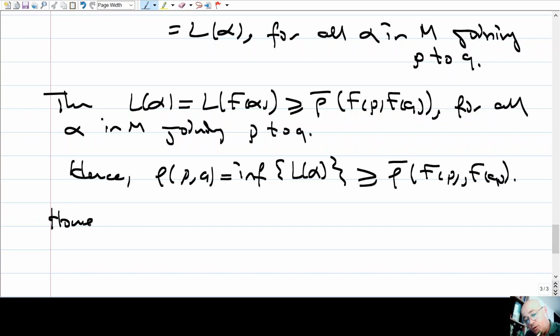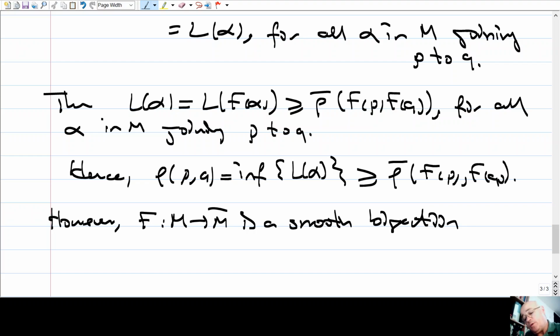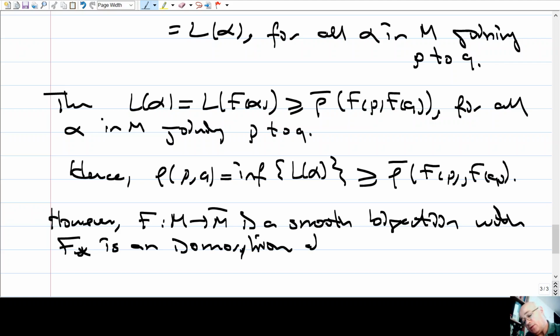However, F is a one-to-one smooth bijection preserving distances, with F star an isomorphism at all points because the derivative map preserves distances, so it cannot have a non-trivial kernel.